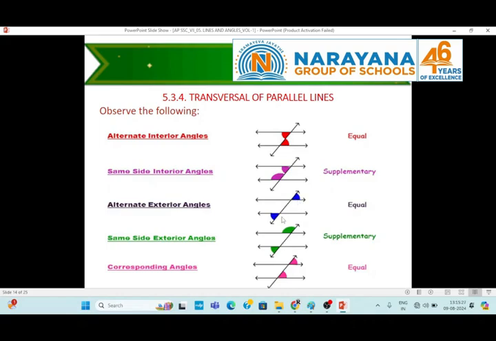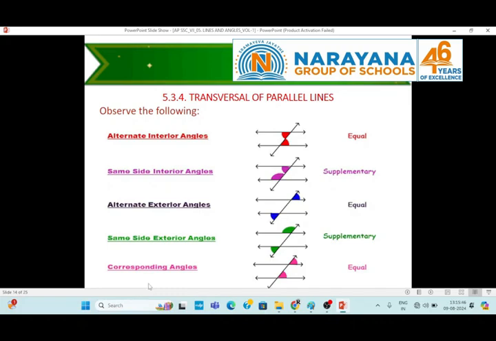So alternate exterior, blue shaded, and alternate interior, red shaded, are equal pairs of angles. And same side but interior, co-interior, and same side but exterior, co-exterior, are supplementary to each other.